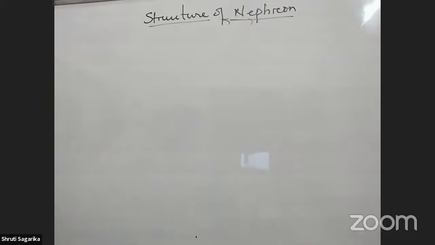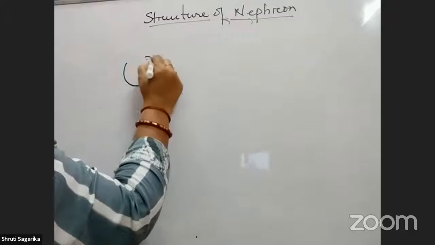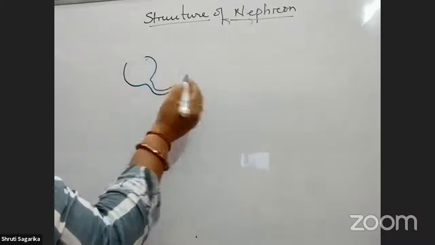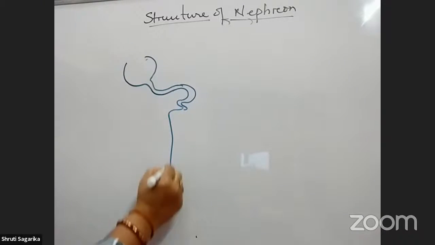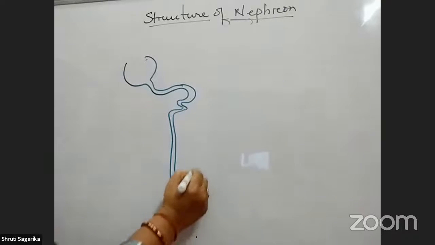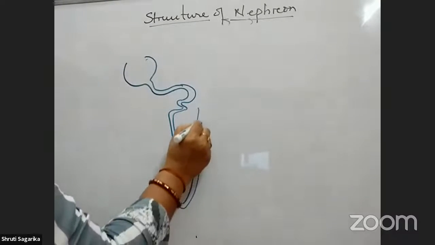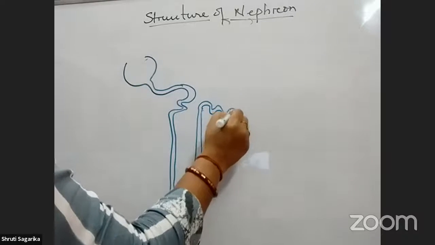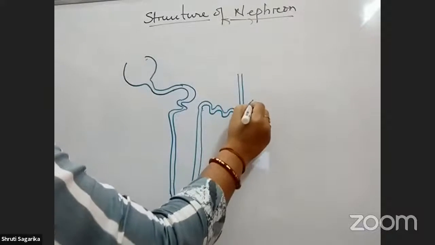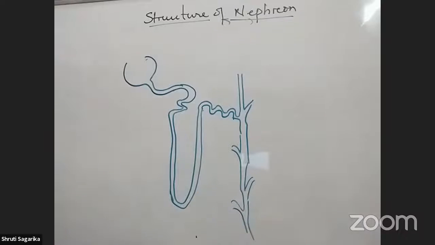So let us draw the structure of the nephron. Is the board visible, children?